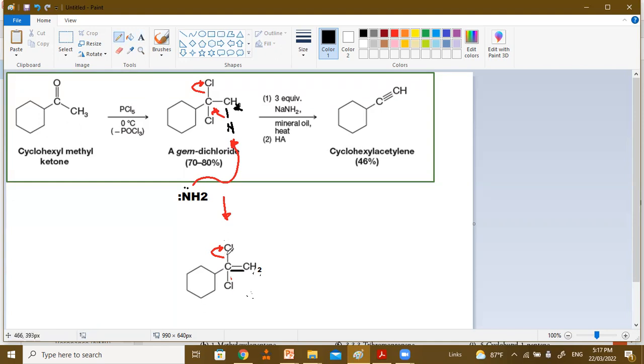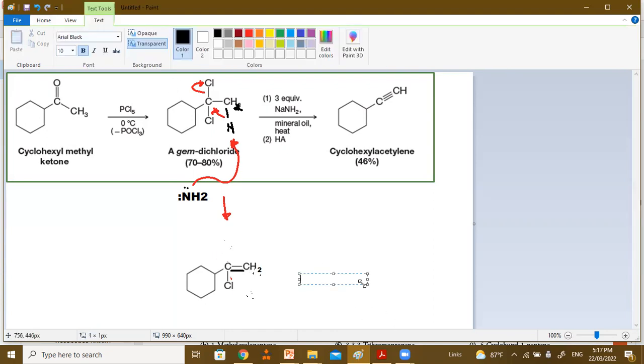Okay, once the double bond is formed, mawala na ang chlorine, no? Bringing with it its electrons, plus Cl.